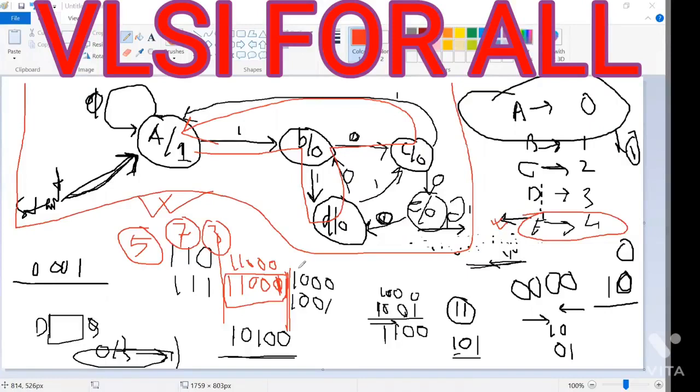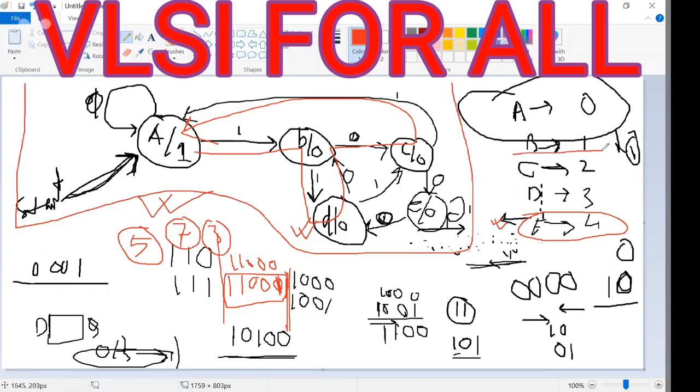Sir, after the B state, can you explain how we got from B to D? So let's say you are in state B. B here means remainder is 1.